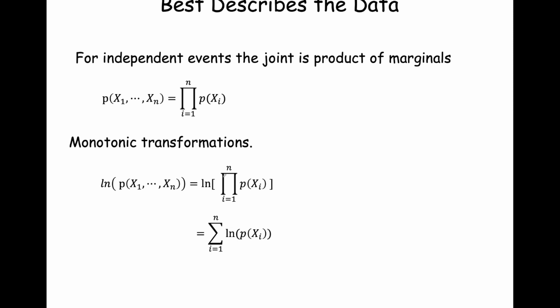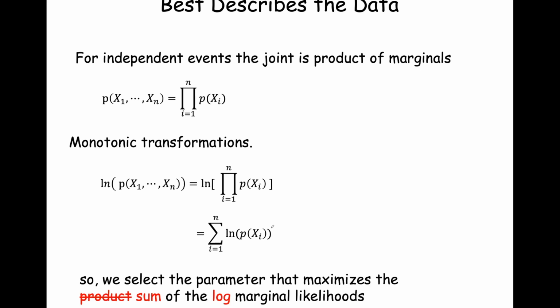So if we said ln of A times B, that's the same as ln of A plus ln of B, right? So our product turns into a sum, and we have the sum of the ln of each term that was originally involved in that product. So now we have the sum for i goes from 1 to n of ln probability of each xi.